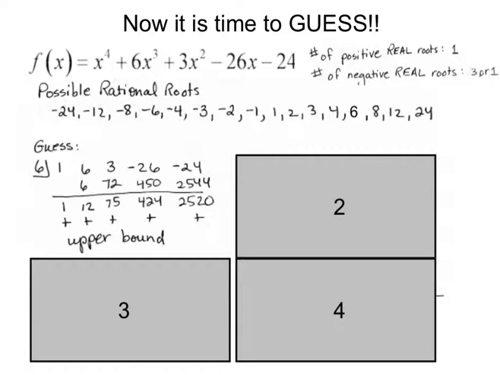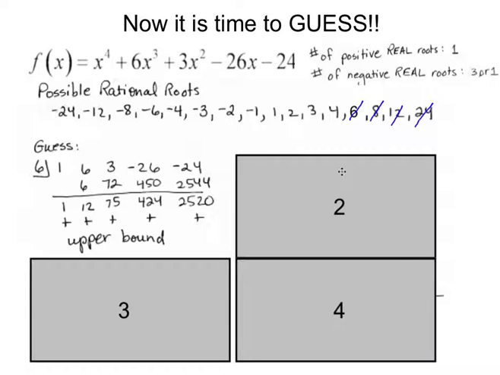Because of that, I know it's an upper bound. And that's awfully nice because right now I know 6 doesn't work. I also know 8 doesn't work, 12 doesn't work, and 23 doesn't work because it is an upper bound and I don't have to check any of those. So now I'm narrowing things down. I have 4 choices here.